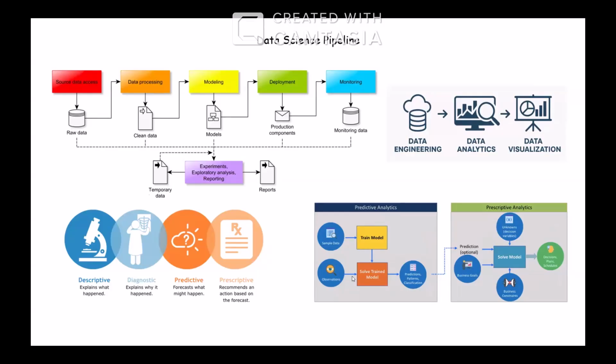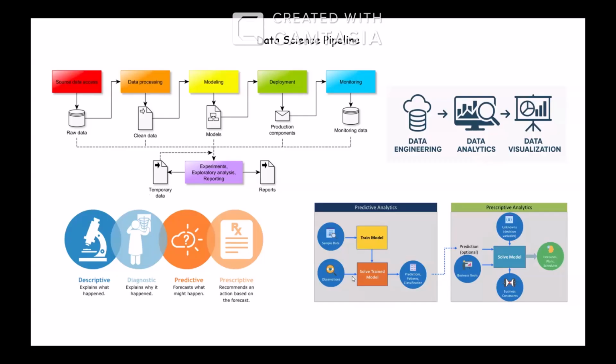In data engineering, we make the data compatible for analytics. And in analytics, we try to find different insights from the data, and we use different techniques within analytics.